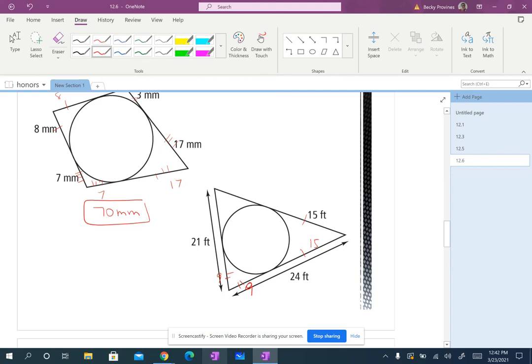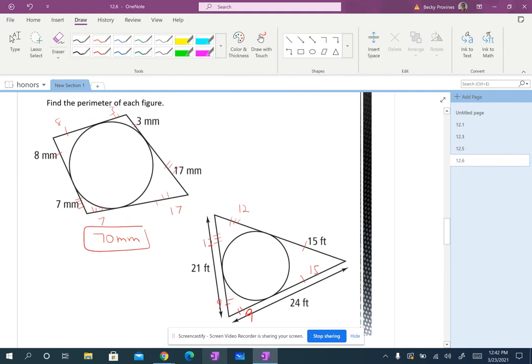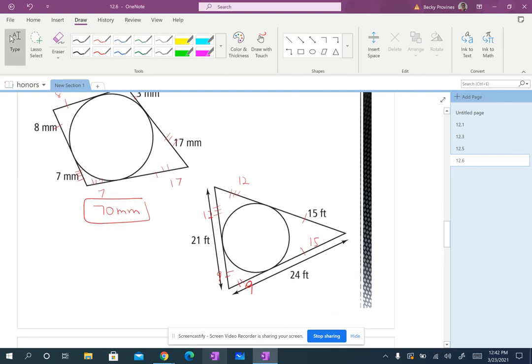So 21 minus 9 is 12. And then these two are the same, so that's 12. It doesn't really tell you what, it's just find the perimeter. So never mind, it tells us. And this entire length is going to be 27. So we have 21, 24, and 27, which is 72 feet.